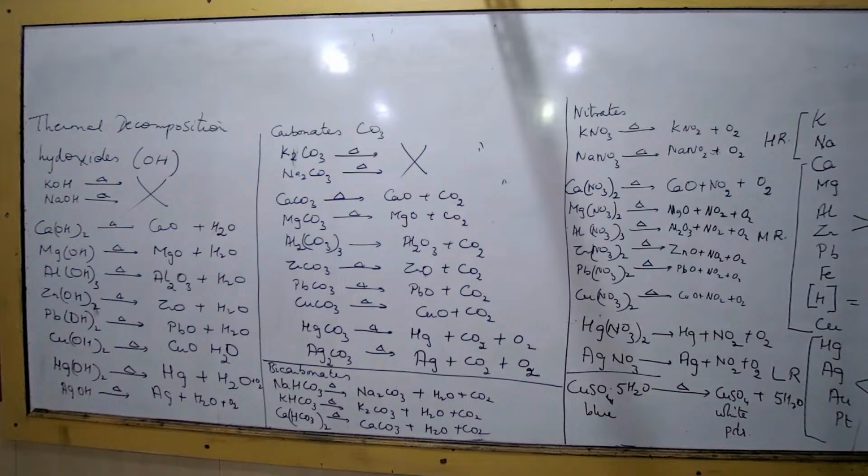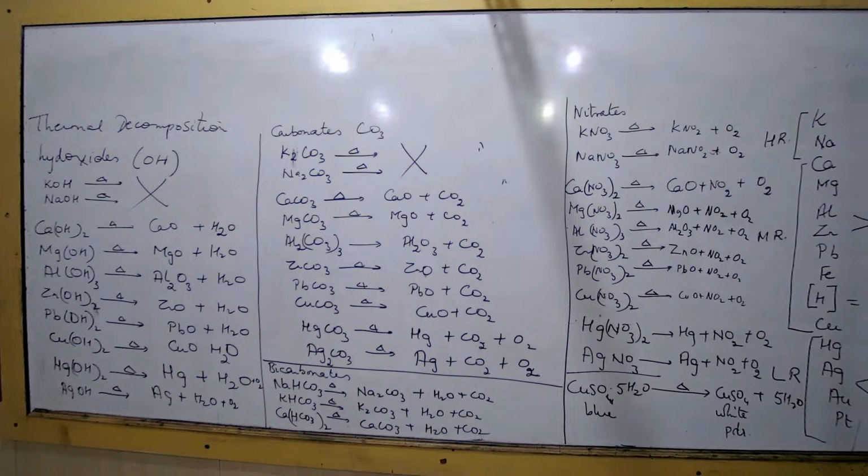Think of some shortcut method, like the rhymes you remember, such as mother goes to the market. So how will you remember? Zinc on heating remains yellow and on cooling becomes white.